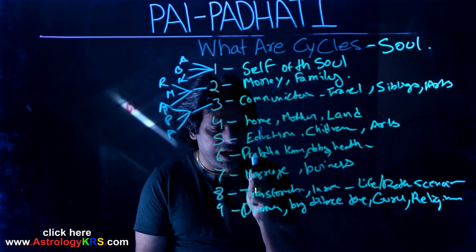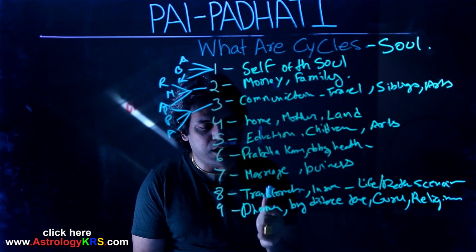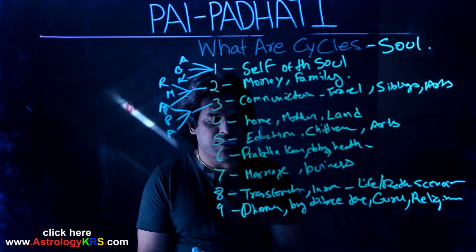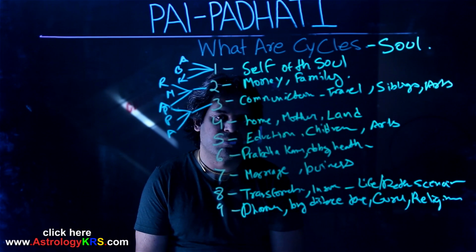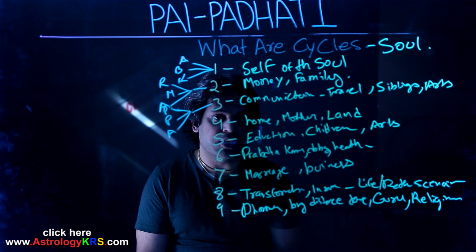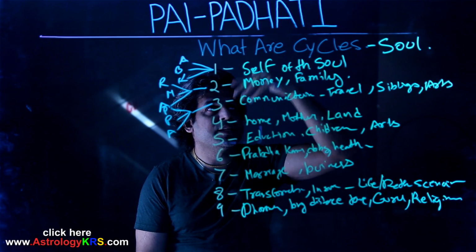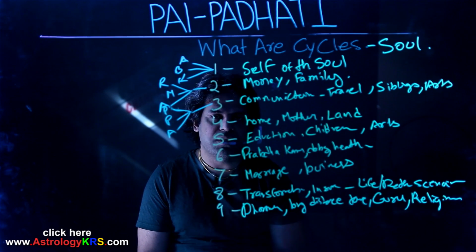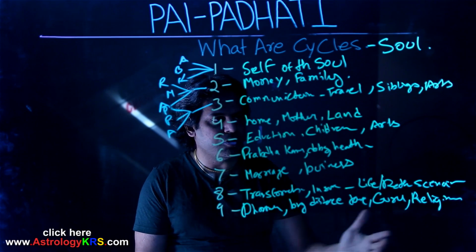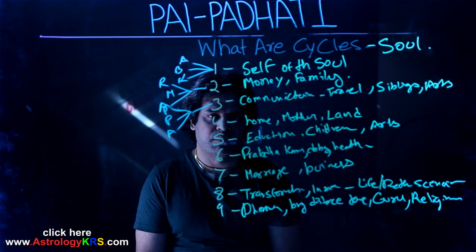If, let's say, you have the nakshatra of Purva Bhadrapada, Uttara Bhadrapada, Revati, well, they are representing the 9th cycle of dharma. And this is why the last 3 nakshatras are all about higher spirituality and understanding the higher wisdom. 9th house is wisdom. So you have to have the basic knowledge of houses, which I just described here.